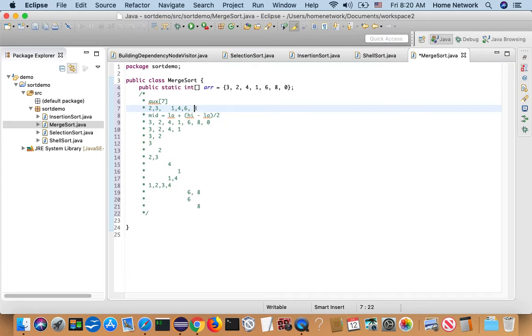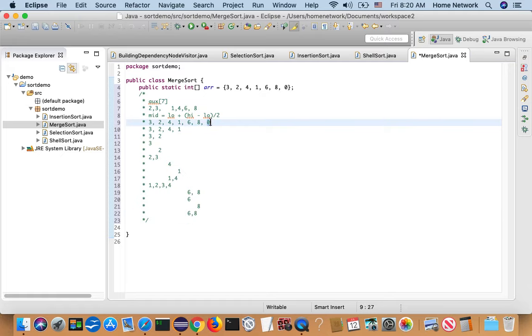Okay, imagine there's a dividing point. Let's compare 6 and 8. 6 is smaller, so we put it back to the original array, index 4. Whatever is left on the right half, we copy it back to the original array, index 5.